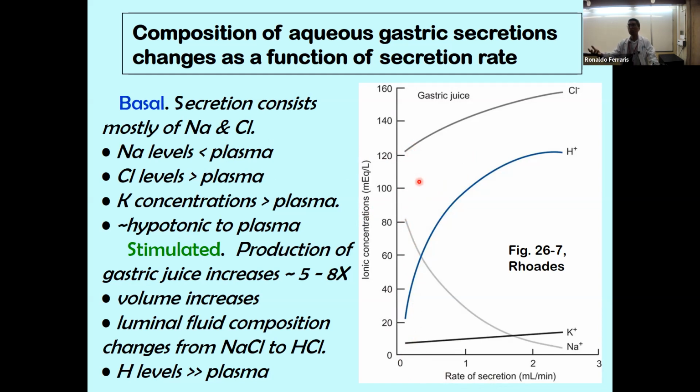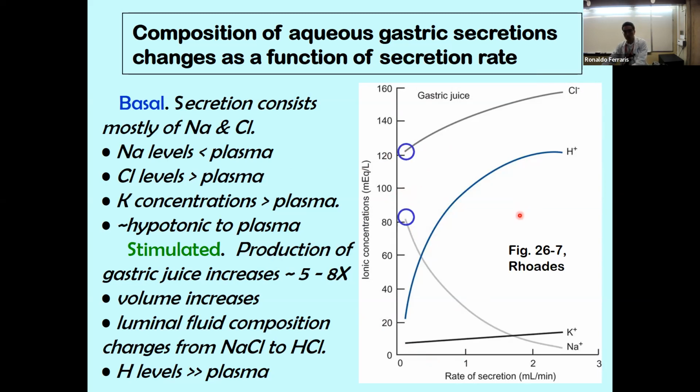It's very easy. Sodium 145, chloride 100, bicarbonate 30, potassium 5. Those are your four major electrolytes. So you have your sodium chloride here. Your sodium is less than plasma, because it's 145 in plasma. Chloride is greater than plasma, because it's 100 in plasma. So all those questions I can ask easily.